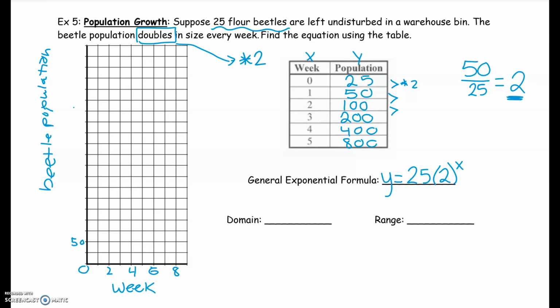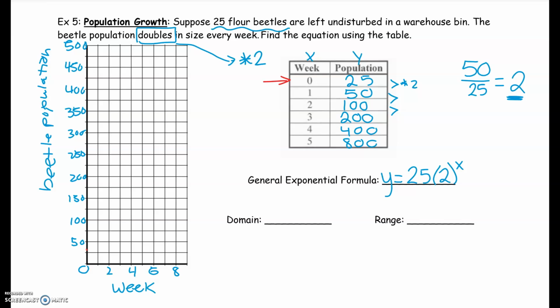So 50, 100, 150, 200, 250, 300, 350, 400, 450, oops, sorry, and 500.